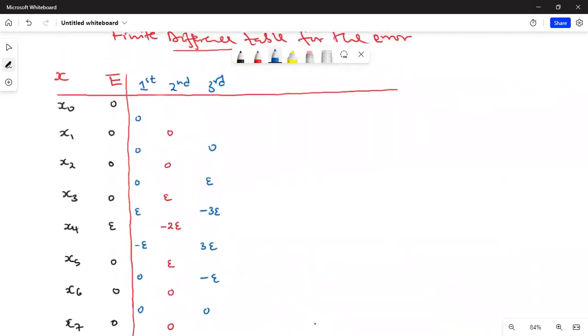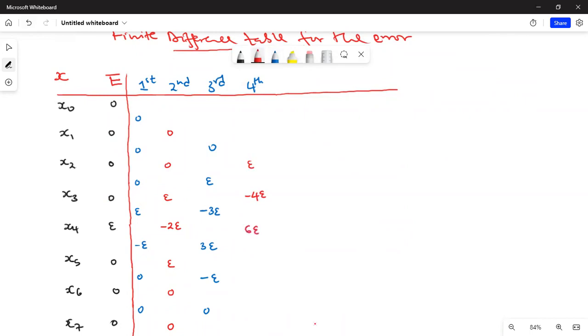Let's see what we'll get in the fourth order differences. So epsilon minus 0, that will give us epsilon. Negative 3 epsilon minus epsilon, that is negative 4 epsilon. Here we'll get 6 epsilon, a positive.